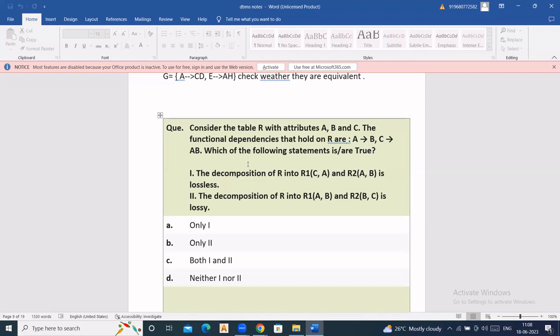Option? Answer is C. Okay, let me check.